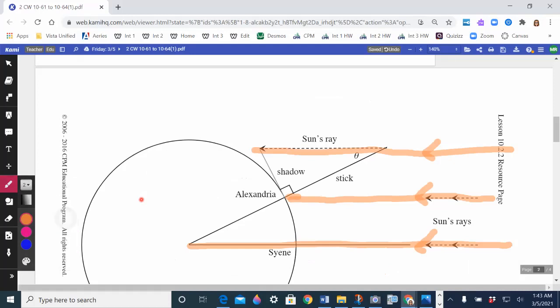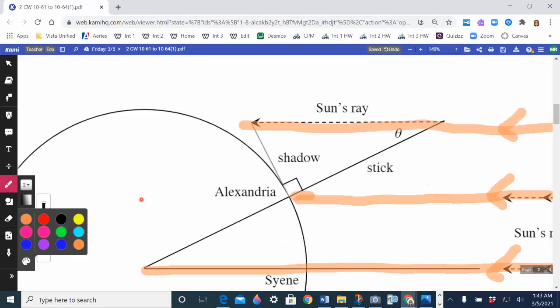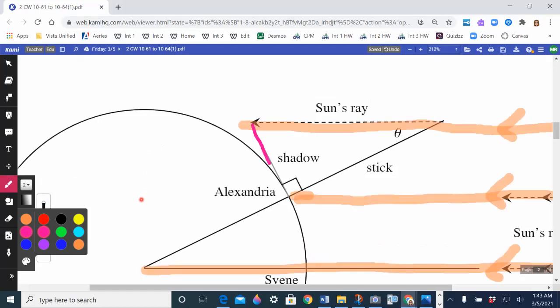So I know that the shadow here, this one right here, is 127 millimeters. I know that this right here, the stick, is 1,000 millimeters. Now, what they want us to find is this angle here.